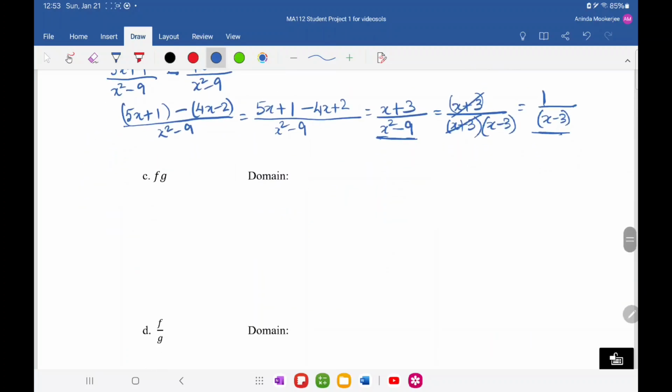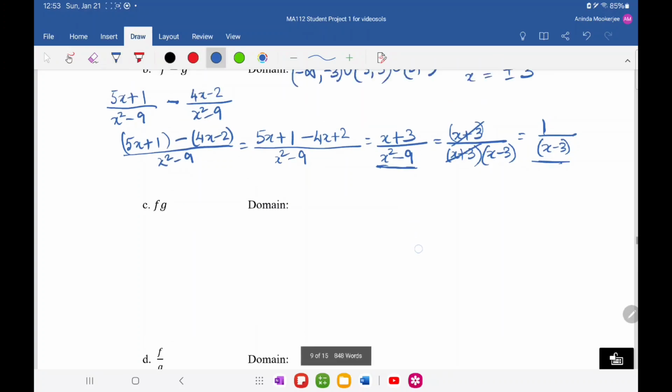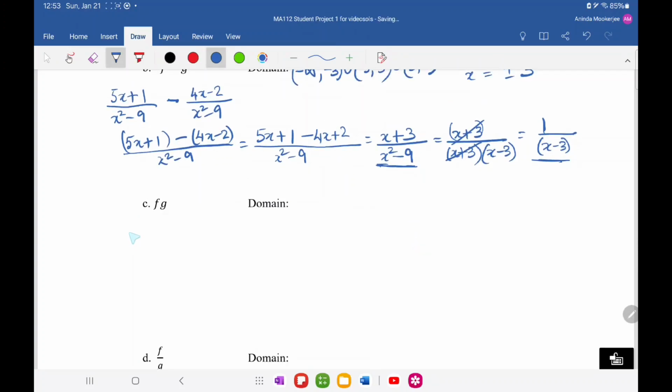Let's do the next one, which is a multiplication, f times g. So here we have 5x plus 1 divided by x squared minus 9, times 4x minus 2 divided by x squared minus 9.